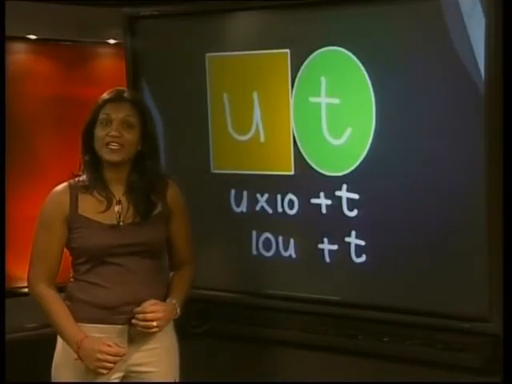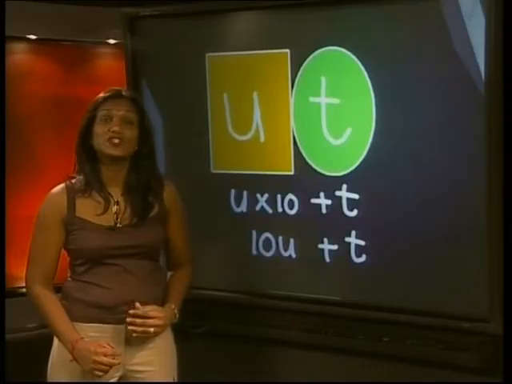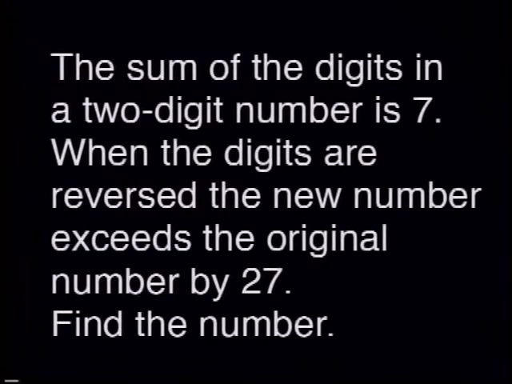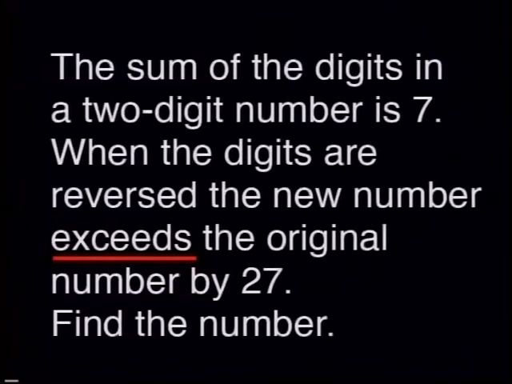Let's continue reading so that we can see the relationship between the numbers. When the digits are reversed, the new number exceeds the original number by 27. Remember that exceeds simply means that it is more than. To show the idea of more than, we simply need to add 27 to the original number.